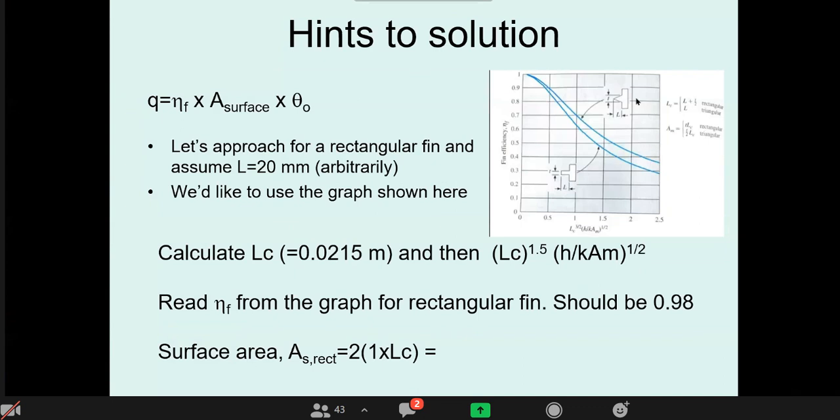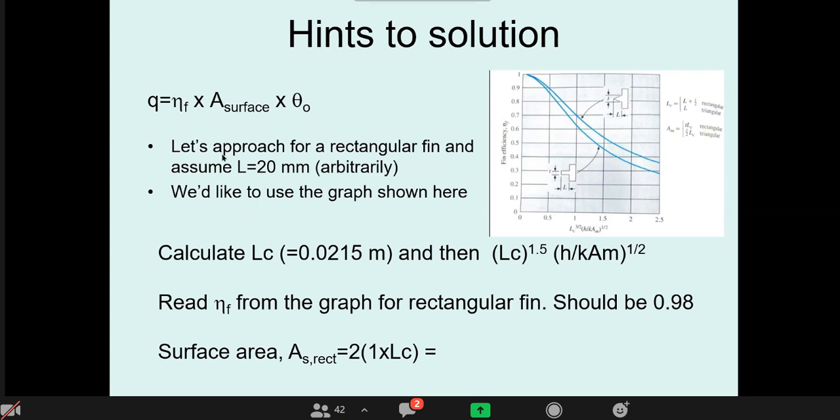The advantage of a graphical approach is that things are a lot easier. From this graph you can handle both the triangular and the rectangular, because we have to make a decision between the two. So we can find out Q is efficiency times surface area times theta 0. Theta 0 is something you can fix, and it is the same for both.